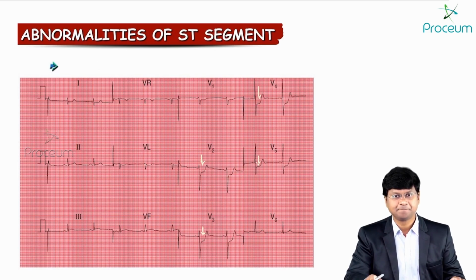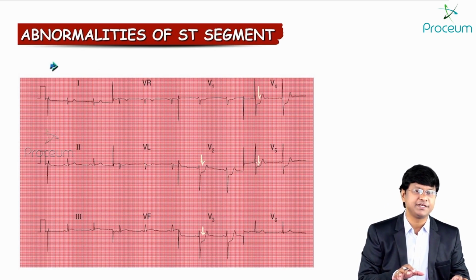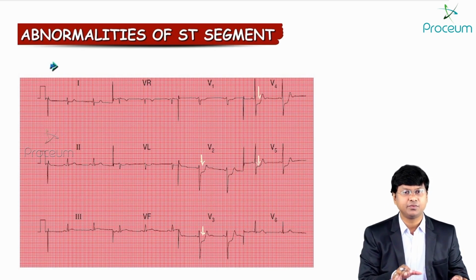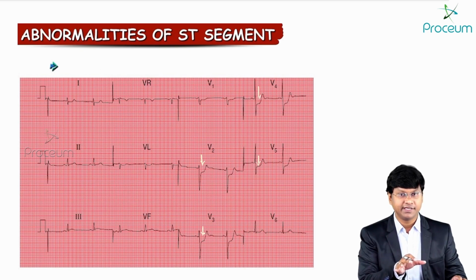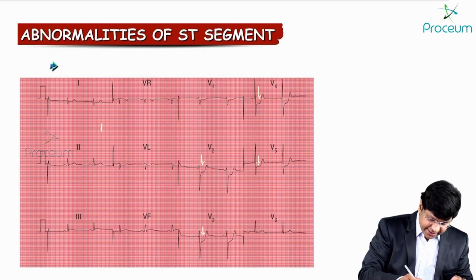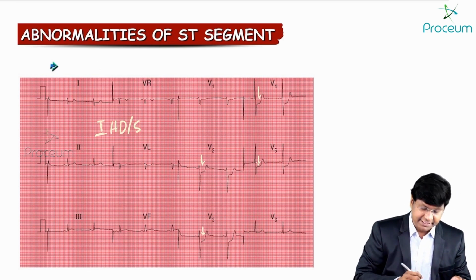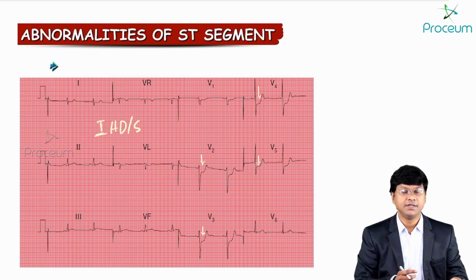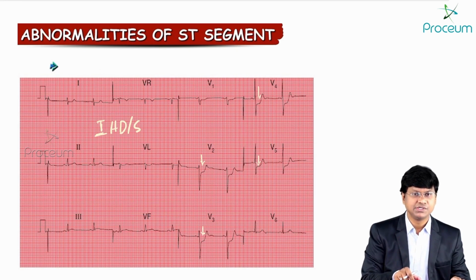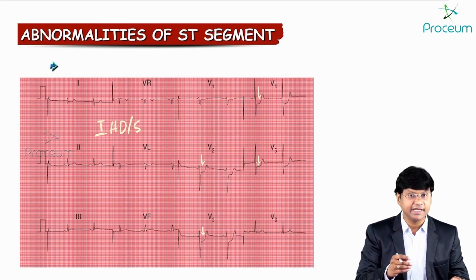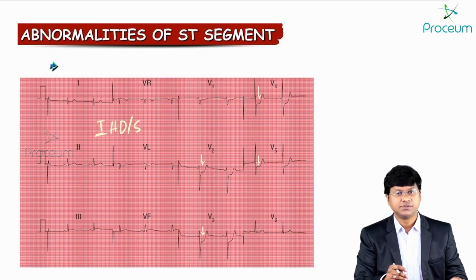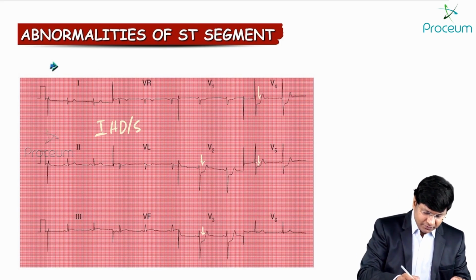Now, the history is not given in this ECG, so what things can you suspect in this patient? If this patient presents to me with a history of chest pain, then I will suspect ischemic heart disease. Now, within ischemic heart disease, what type will you consider?